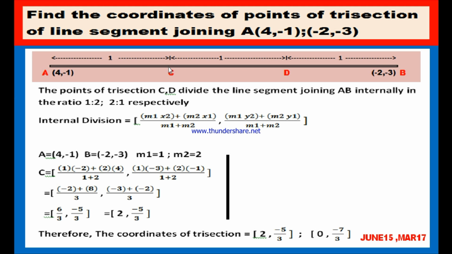Now, to find the first point C, as you know C divides AB in the ratio 1:2, so m1 is 1 and m2 is 2. Let us substitute these values in the formula. C is equal to m1 x2, that is 1 into -2, plus m2 x1, that is 2 into 4, by m1 plus m2, 1 plus 2.